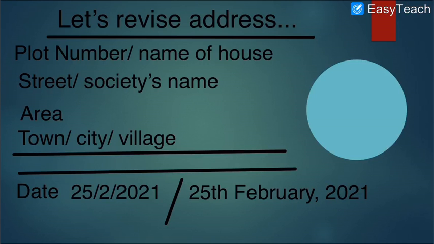As I gave you the proper way how you can write the address, these are the 2 ways how you can write the date. Please note this down clearly. I hope you are writing it. Please write it in the way I have written. And everywhere this slash mark shows or, that means options I have given.